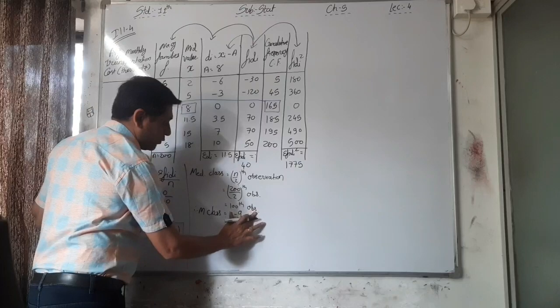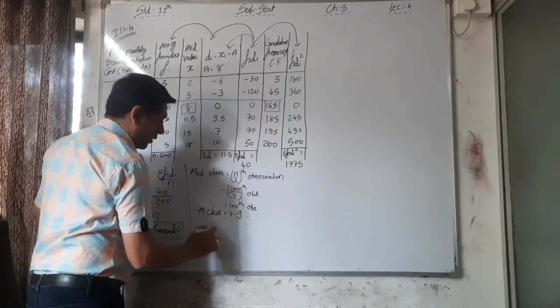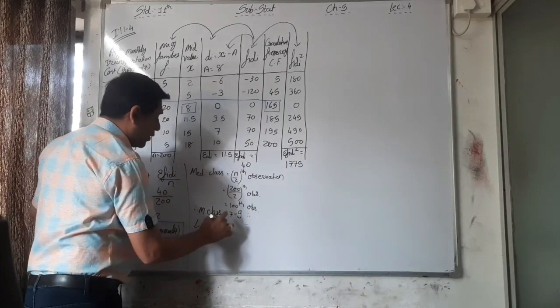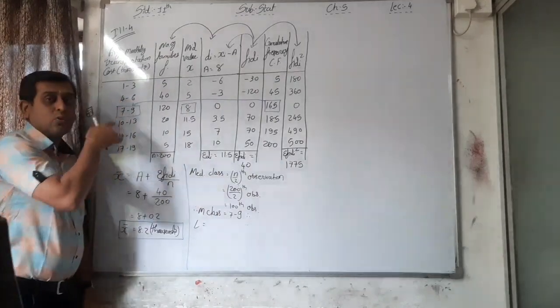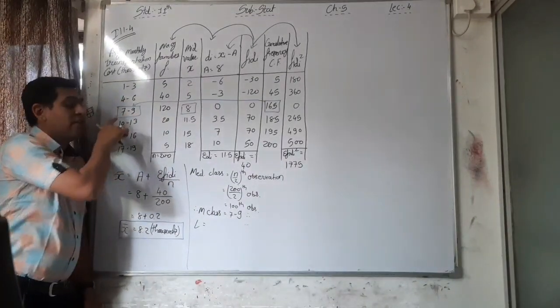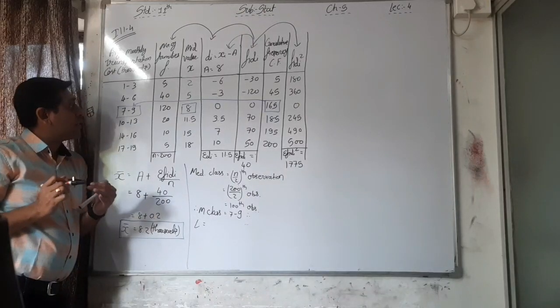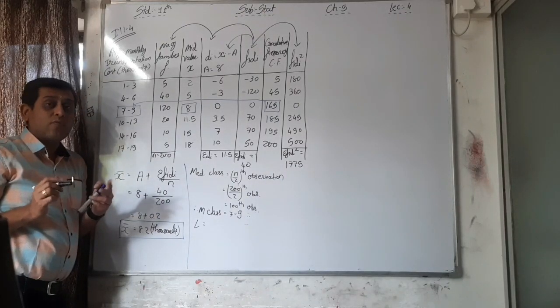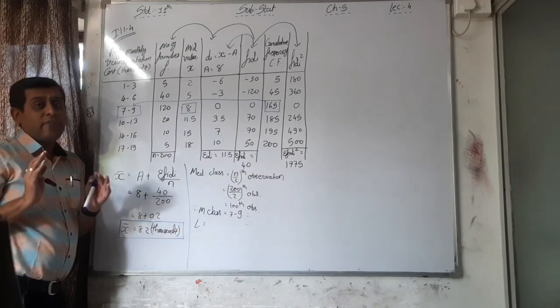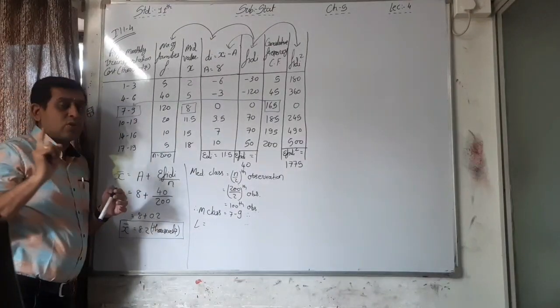And therefore we want the value of L. See, this is inclusive data, 6 and 7 are different; the upper class boundary and the lower class boundary of two different classes are not equal, and the difference is only 1.